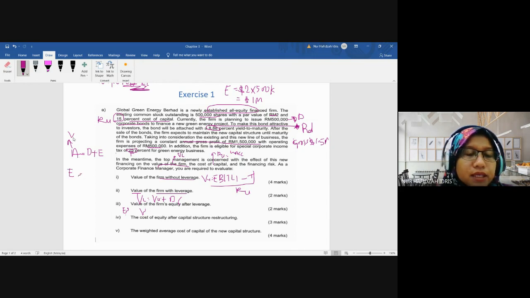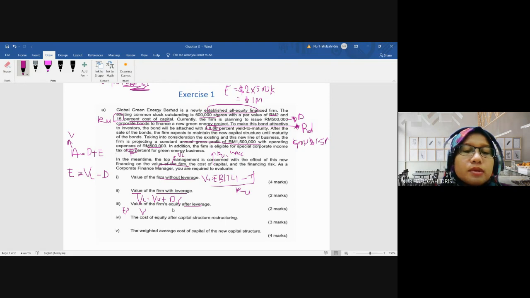Asset is V. So now, will you take this V as VL or VU? Read after leverage. So after leverage, VL or VU? VL. So VL minus D. Okay, so for E you cannot say the total equity is already 1 million.